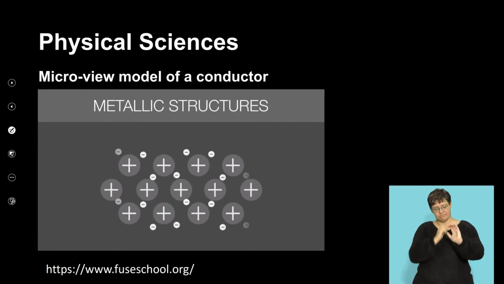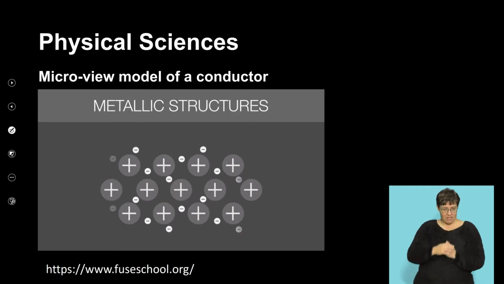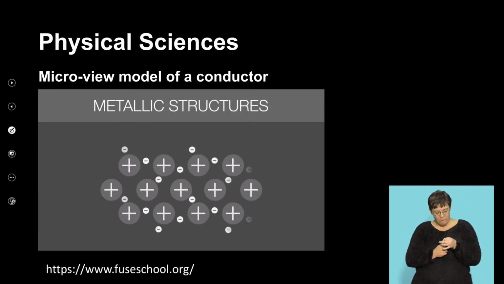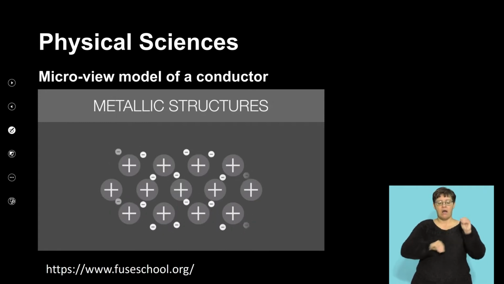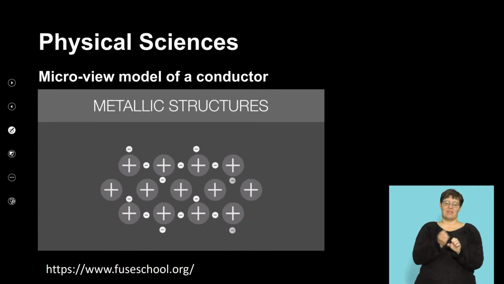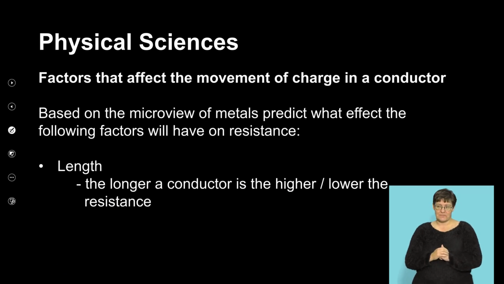So if, for argument's sake, this is the cross-sectional area, the ease with which these charges move also has an impact on the amount of resistance that a material offers. Based on this micro view of metals, we can predict how length affects the resistance of that material.